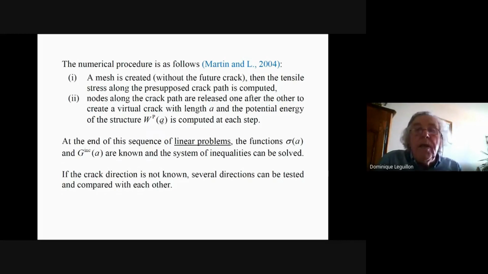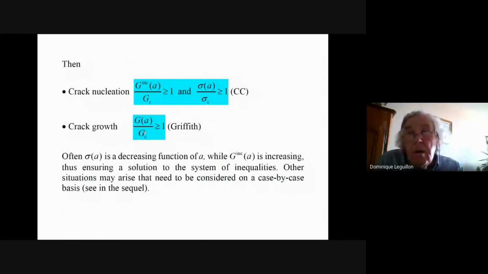Then you release the next nodes, and you have A2. You calculate the potential energy for this crack length A2, and at the end of the procedure, when you have unbuttoned enough points, you have to check a longer crack than the real one that will be computed. But at the end of these two steps, you know from the first one this function, and you know from the second step this function. Then you can solve the inequality.